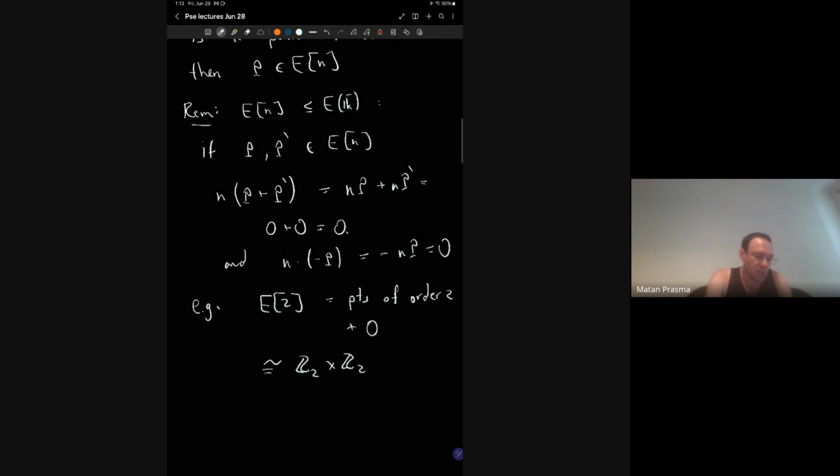But if K is not algebraically closed, then it could be many things. It could be just O, or it could be some other kind of thing. So it's convenient for us to work over the algebraic closure where we expect a uniform shape of the group. Any questions so far?